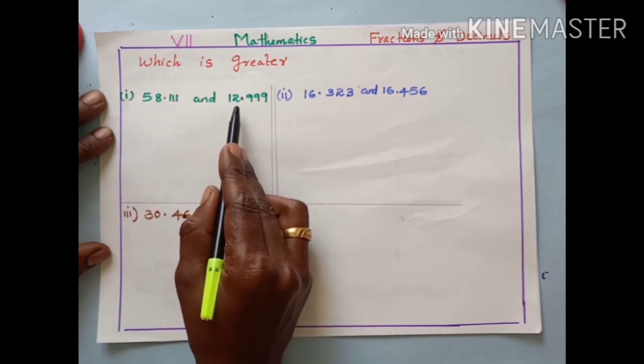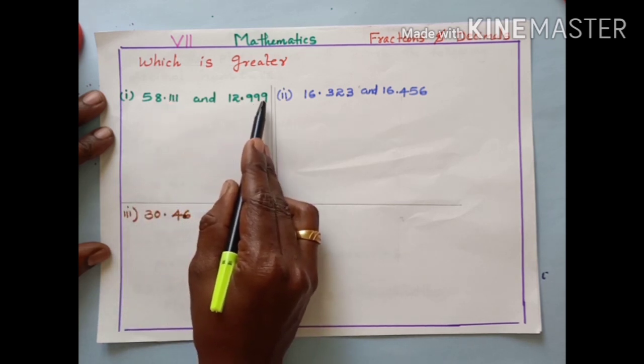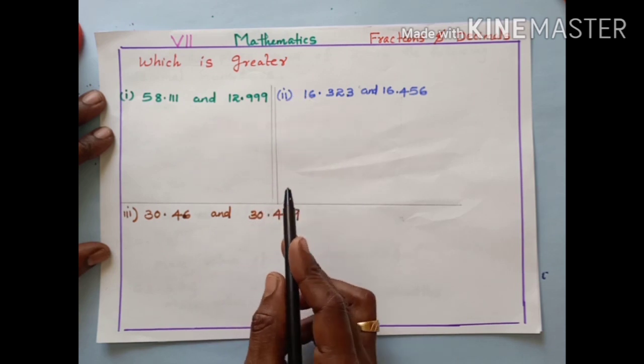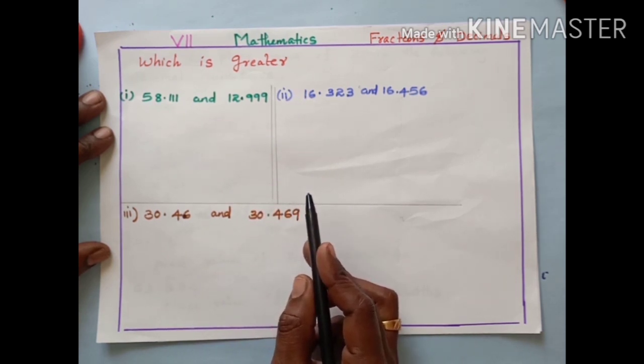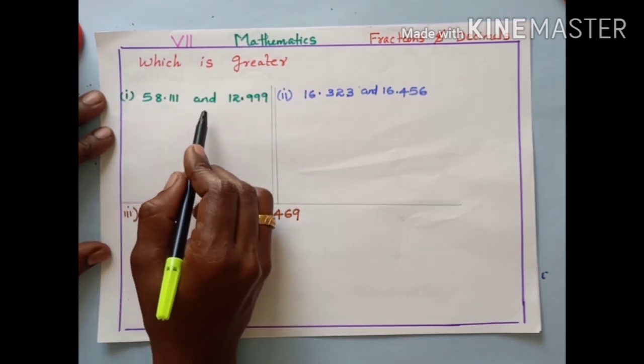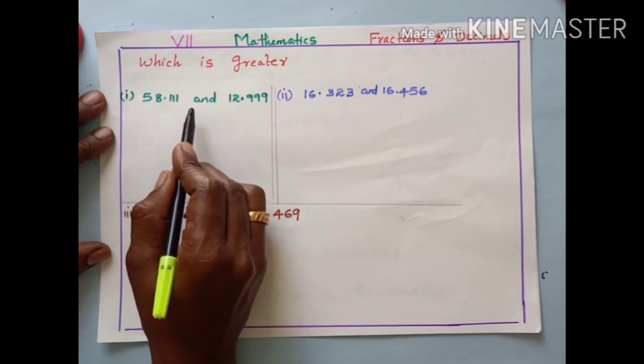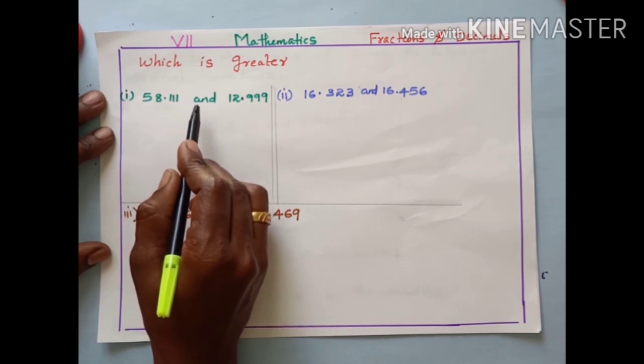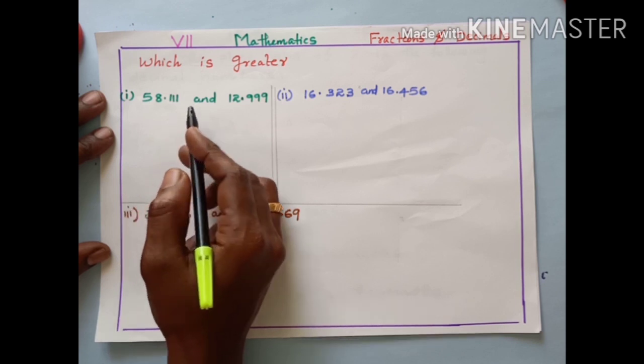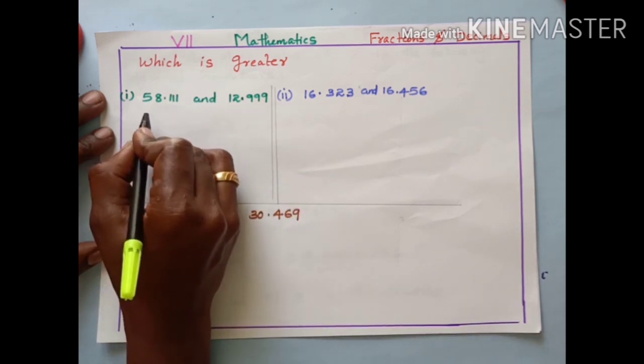58.111 and 12.999. So we studied in the earlier class. Comparing two decimal numbers, first compare the whole number portion. So compare the whole numbers.